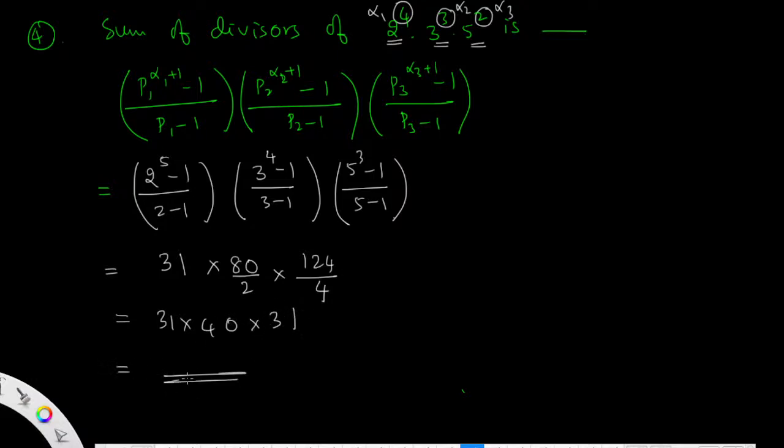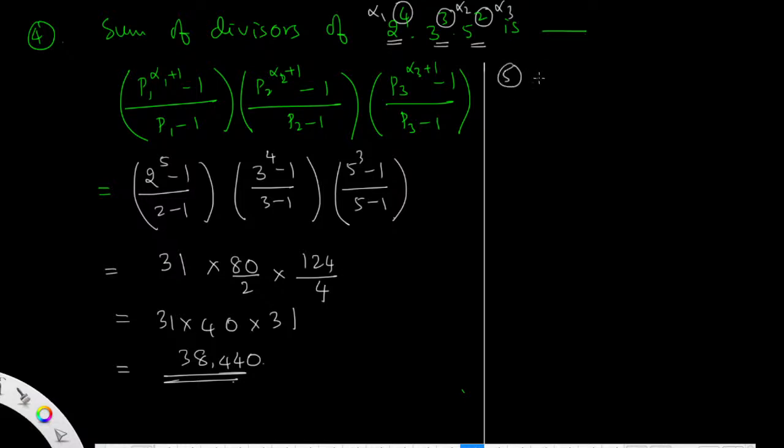Then you multiply and get the answer, 31 into 31 into 40, which is 38,440. This is the answer for the sum of the divisors. In the same way, the next question is given.